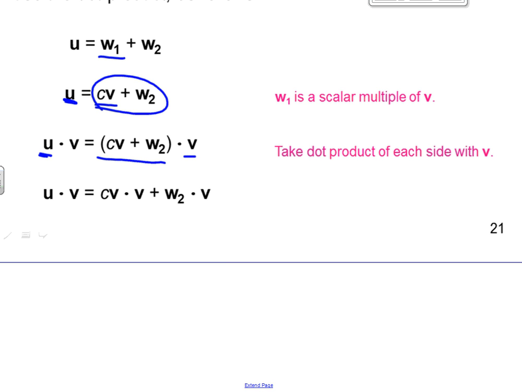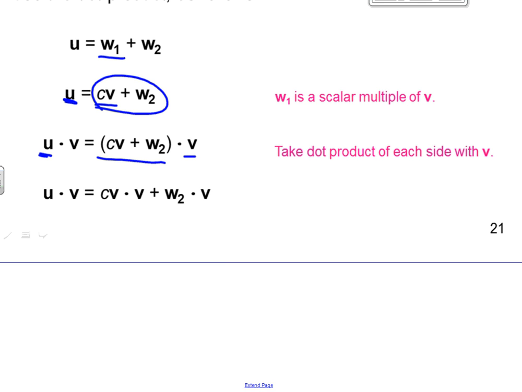So we get this. And what could we reconsider V dot V as? The magnitude of V squared.